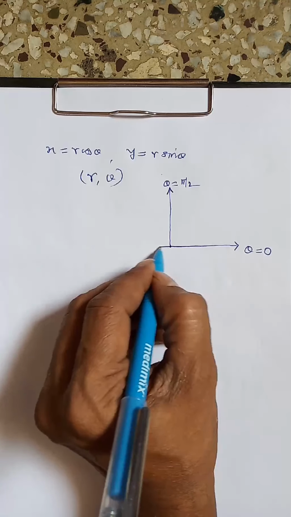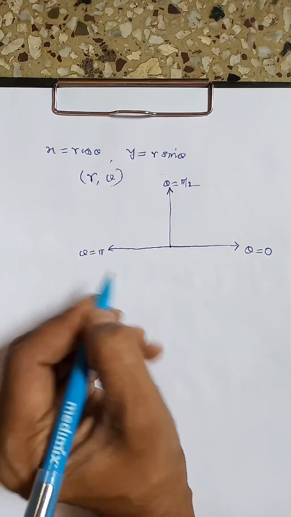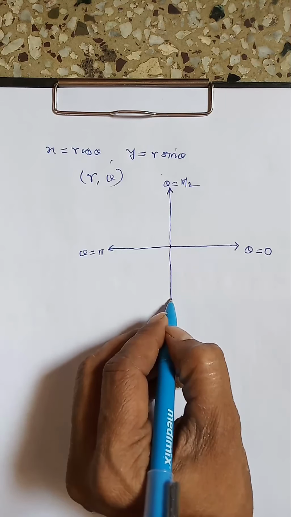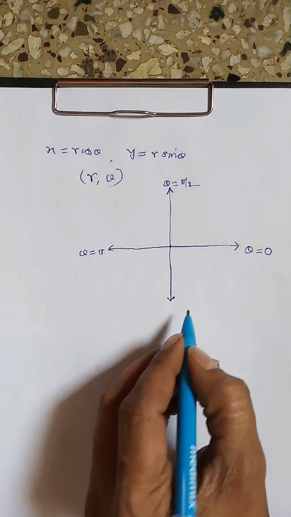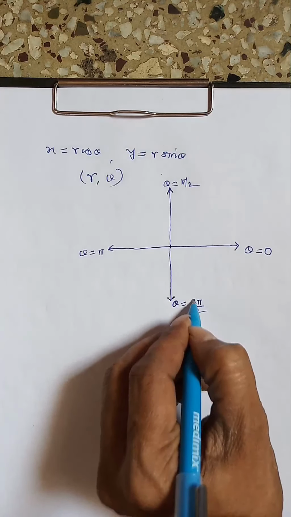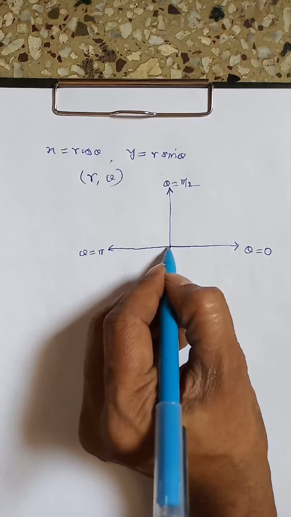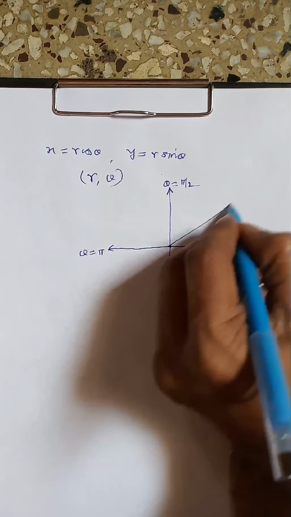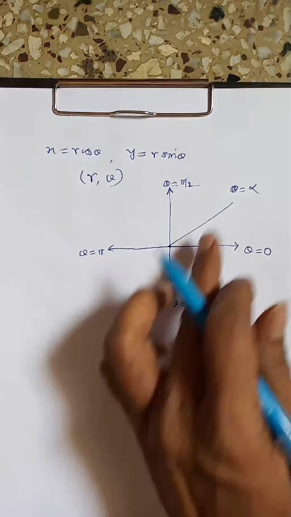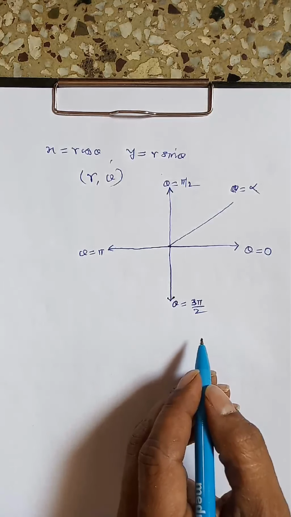Then draw a line which is at 180 degrees to the initial line, given by theta equals pi, and the line in the opposite direction of theta equals pi by 2, which is given by theta equals 3 pi by 2. So there are an infinite number of lines passing through this origin. The equation of all these lines is given by theta equals alpha.